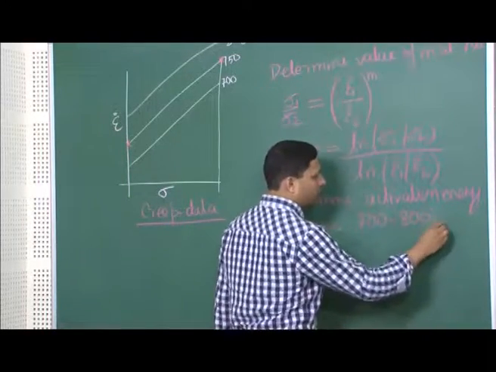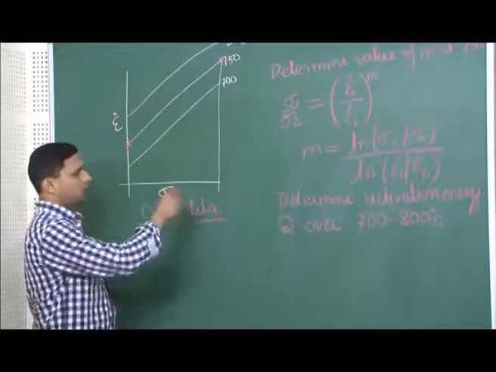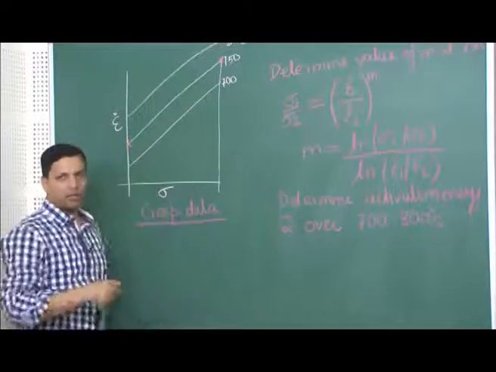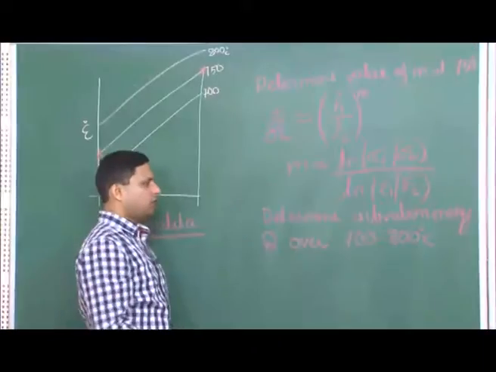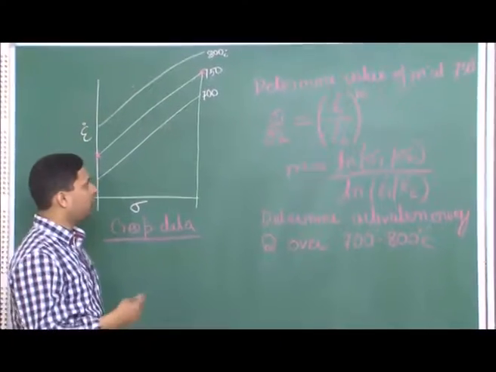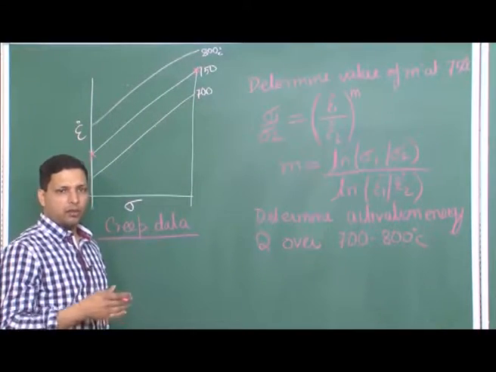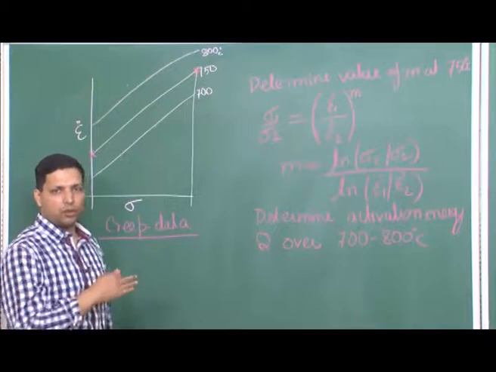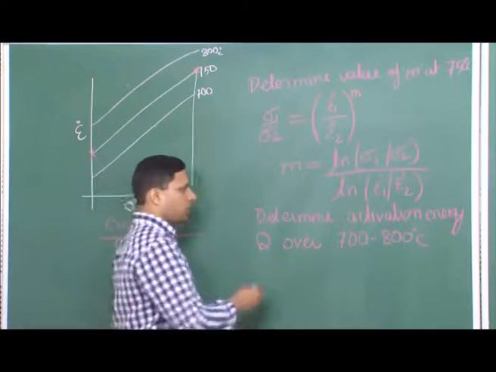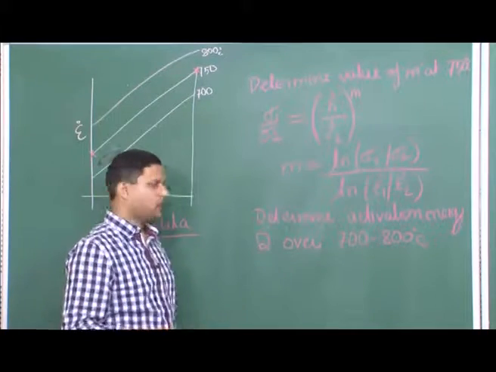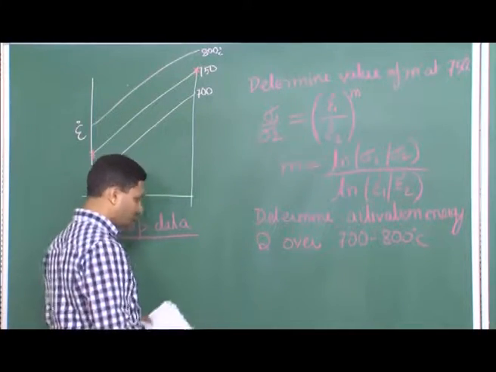When you are doing this calculation, you have to first assume that the activation energy does not change, that is, the mechanism of deformation does not change over this temperature range 700 to 800. If it is changing, then you may have to obtain the values for two different temperature ranges. So, let us say that in this particular temperature range, the mechanism is not changing, and therefore, the activation energy is not changing.